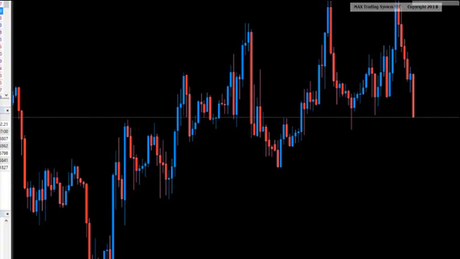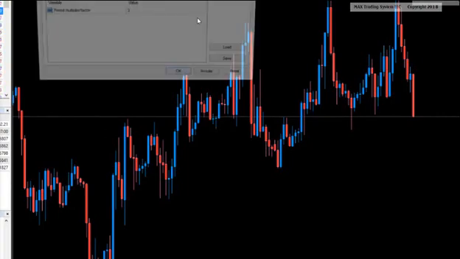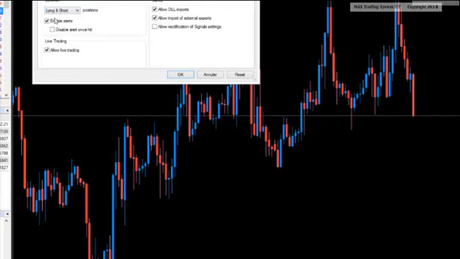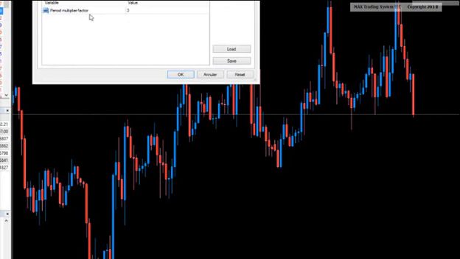And we do that the following way. We drag and drop the script on the chart. Okay. In the common panel, we check that all the usual boxes are checked. And then in the input panel, we have just one parameter, which is the multiplier factor. Okay?